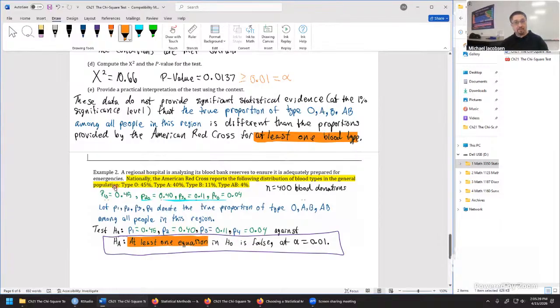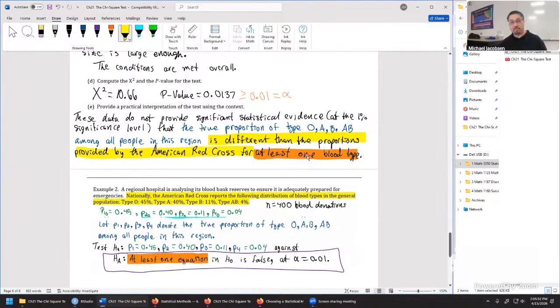But I paraphrase a little bit by just citing the National American Red Cross values, which is providing that same exact information. So let me complete the color coding on how we put those together. So all color coding above and below correspond with each other, and that's how we put down the conclusion for this particular type of chi-square.